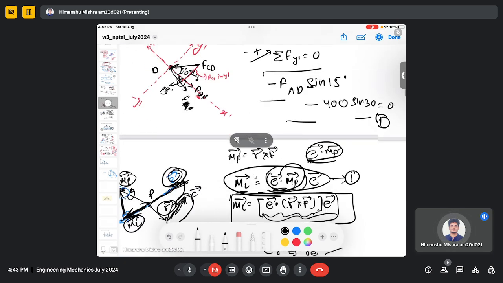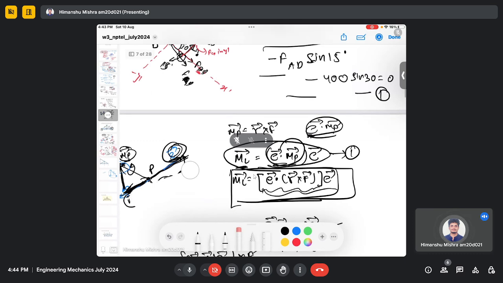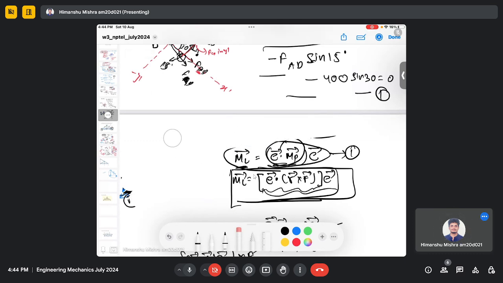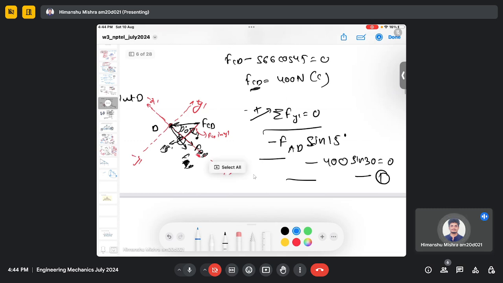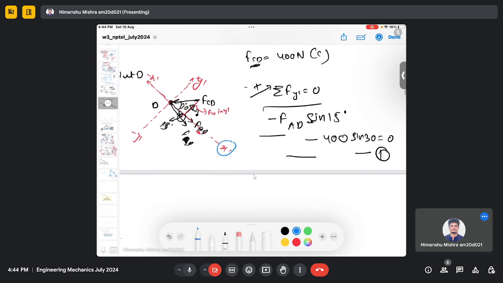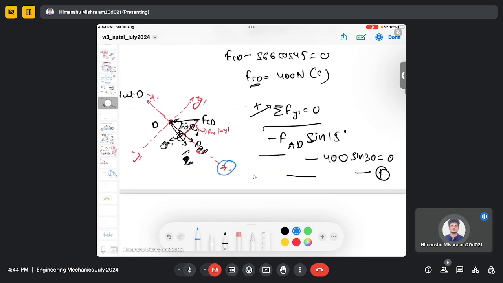Then you can do the force balance in the other direction, the x dash direction. So you need to find the component of force of CD and AD. FBD is already in that direction.